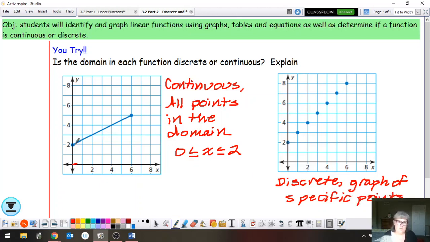So continuous, again, you could put your pencil on it and trace it continuously. Discrete is going to be very specific points. And that is the difference between a continuous function and a discrete function.